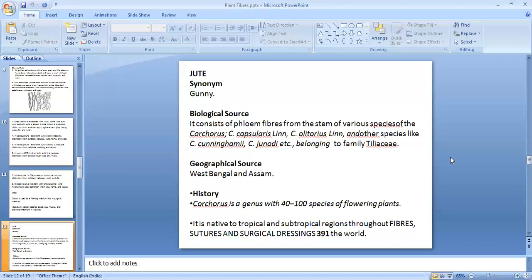When you just see the history of this Corchorus, it is very much interesting. About 40 to 100 species of Corchorus are available, which are flowering plants. It is a plant native to tropical and subtropical regions, where the fibers are used as sutures and surgical dressings.